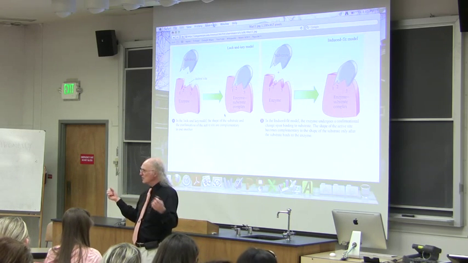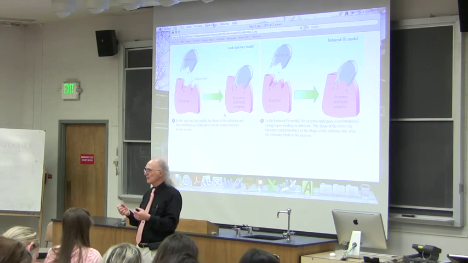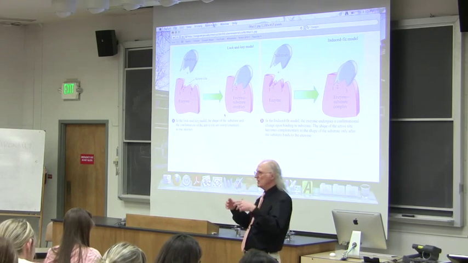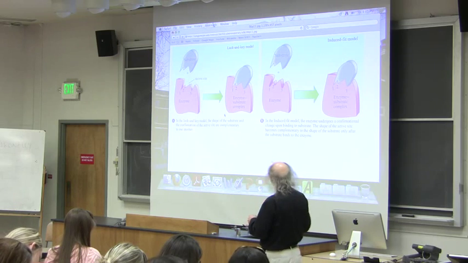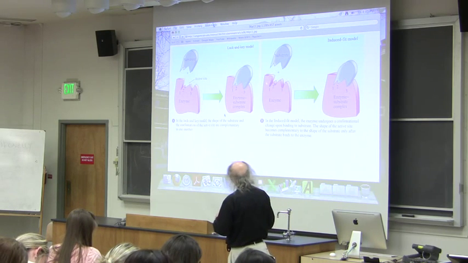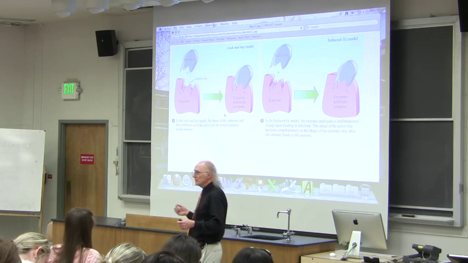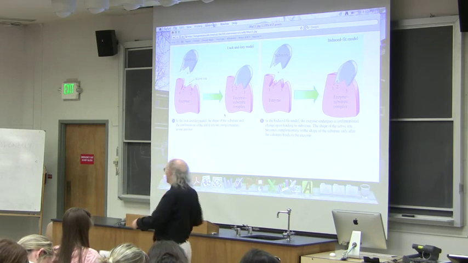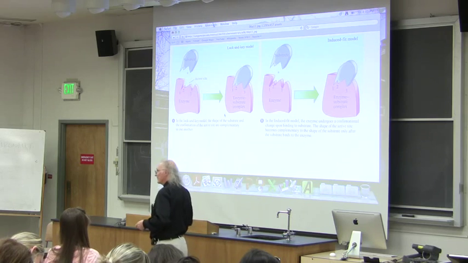It changed the shape of the enzyme. I'm sorry, the hemoglobin. Hemoglobin is not an enzyme. It changed the shape of the hemoglobin. This substrate, as it's coming in, is going to start causing the enzyme to change shape. And guess what? By the time it gets there, it will have the shape of the substrate.